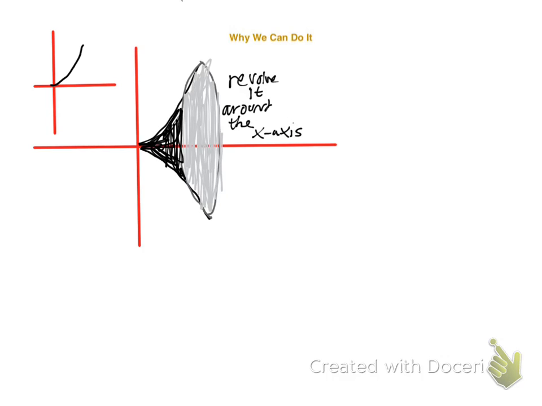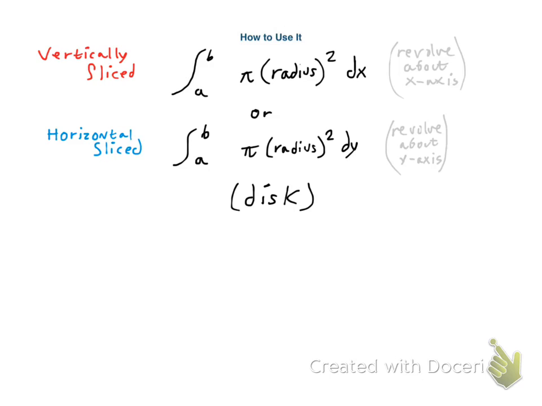So I'm just going to present to you the formula for finding the volume of a simple solid like this. There are two formulas actually, and this is where it might get a little confusing with all the words here.